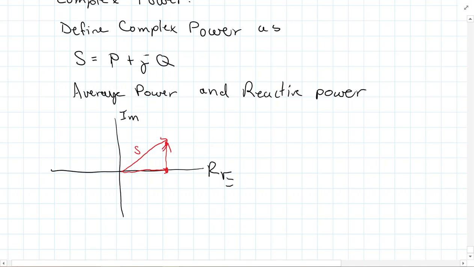It contains both the average power and the reactive power. The magnitude of S is what we call the apparent power, and S has units of volt amps.